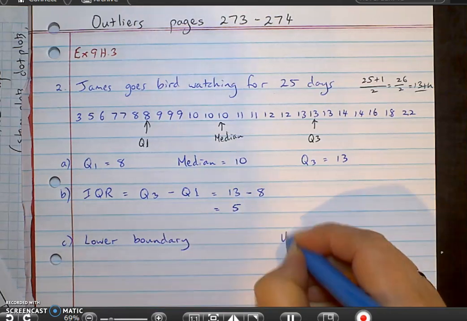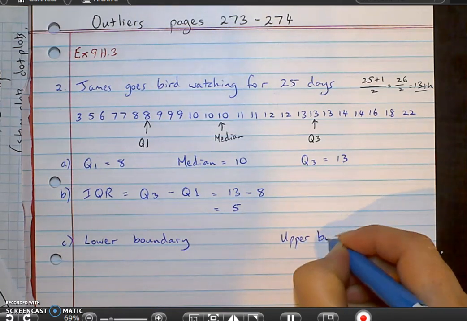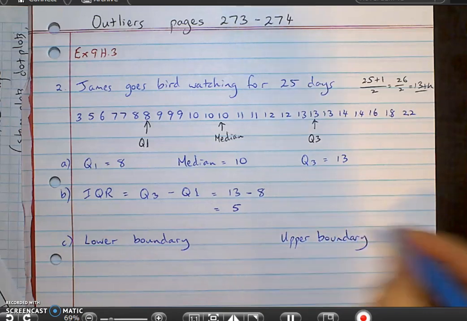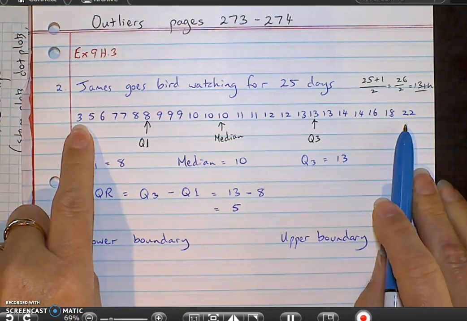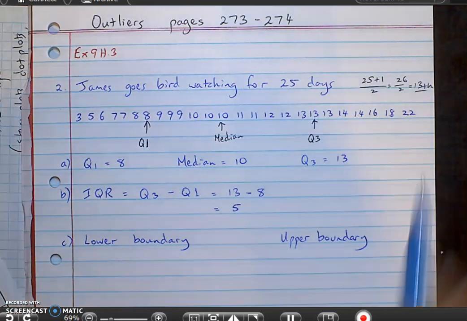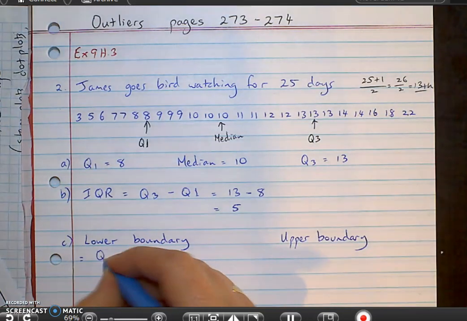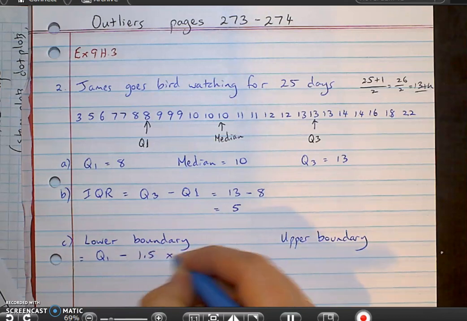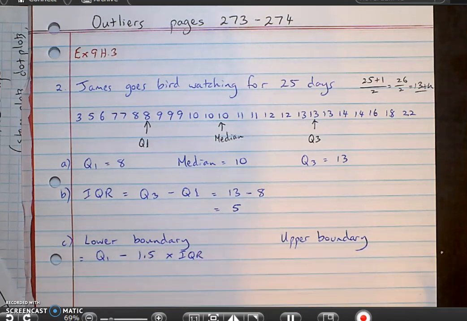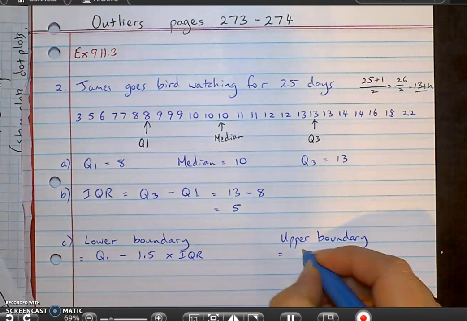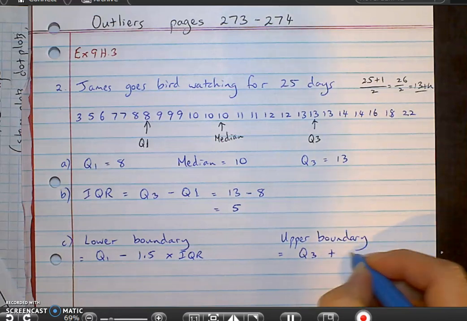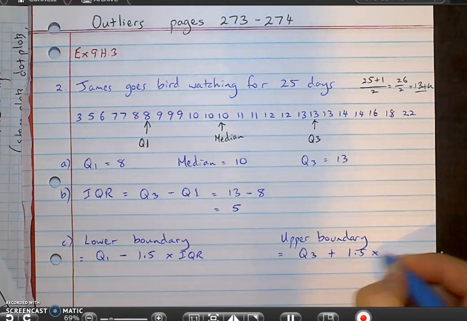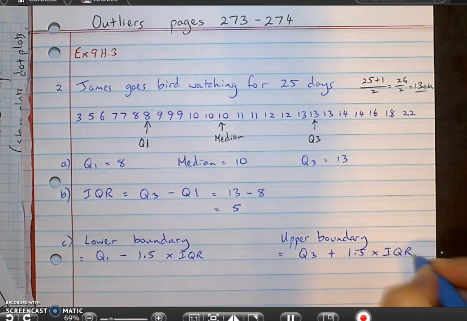And we need to know the upper boundary to see if these numbers are actually outliers. So lower boundary is quartile 1 minus 1.5 times IQR, whereas the upper boundary is quartile 3 plus 1.5 times the IQR.